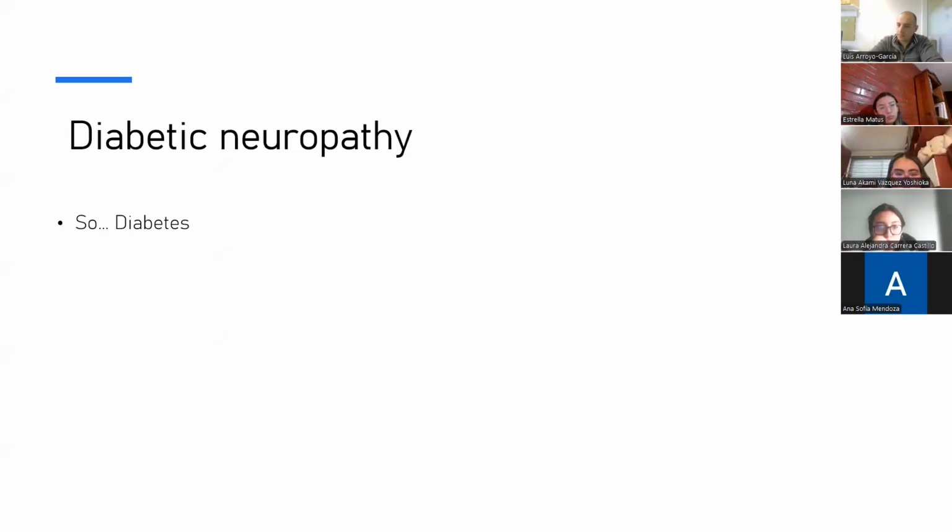Well, in the case of neuropathy, this continuous hyperglycemia damages the nerves through different mechanisms, like oxidative stress, and there's metabolic injury.